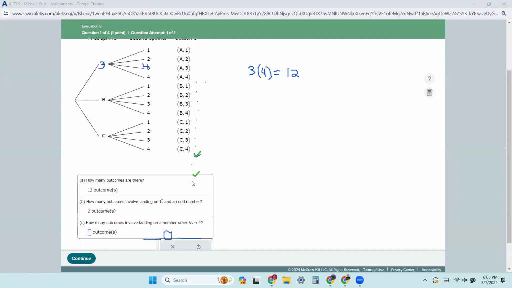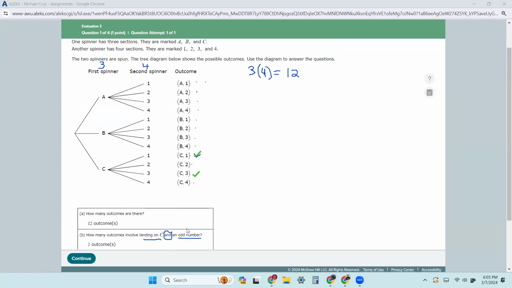What's the next one? How many outcomes involve landing on a number other than 4? Other than 4. All right. So here's the 4s. Let's just take them out.